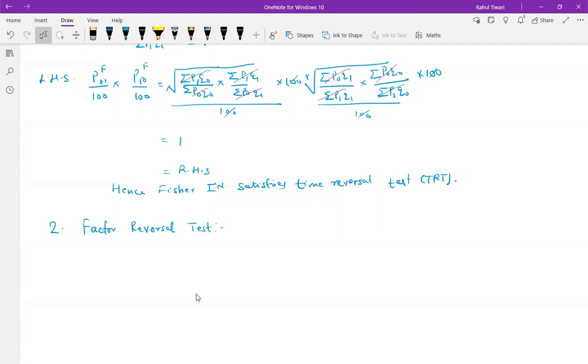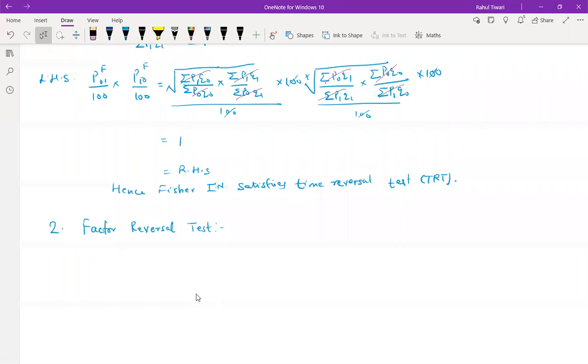and you get mixed, that means you are changing the factor from price to quantity. In that case, we can use factor reversal test. Or I can say the two results multiplied together give the value index.